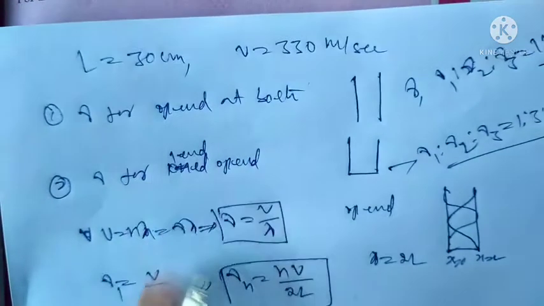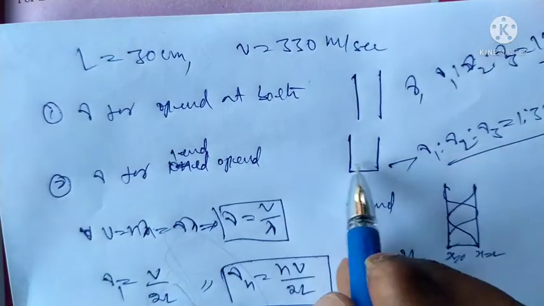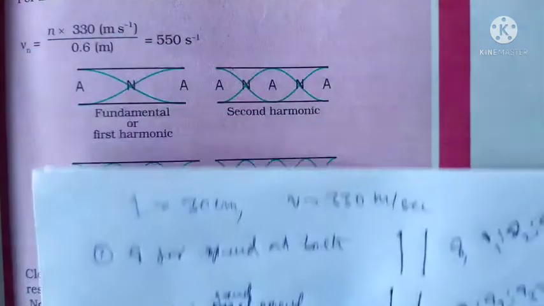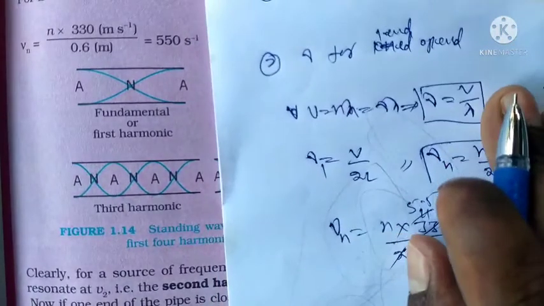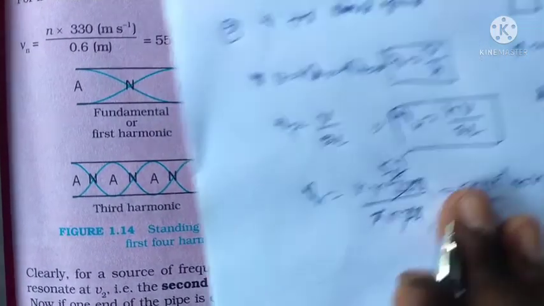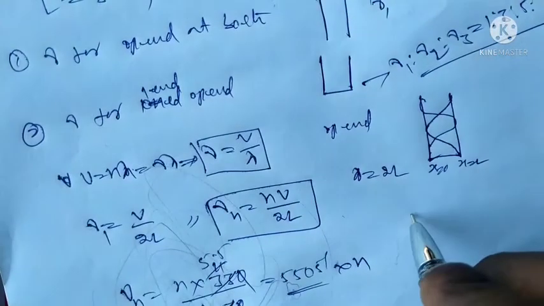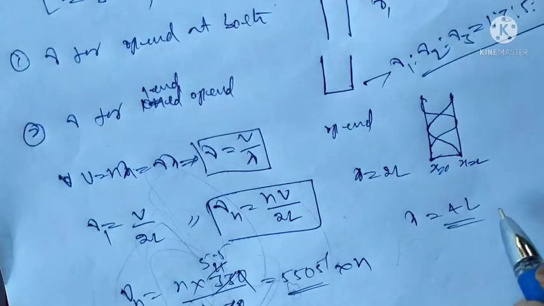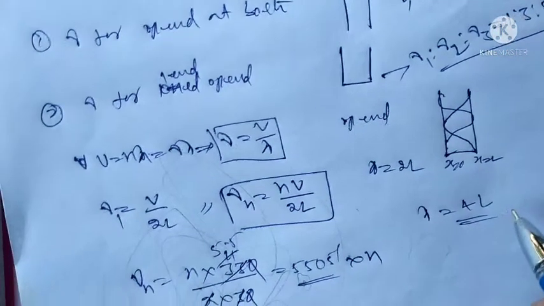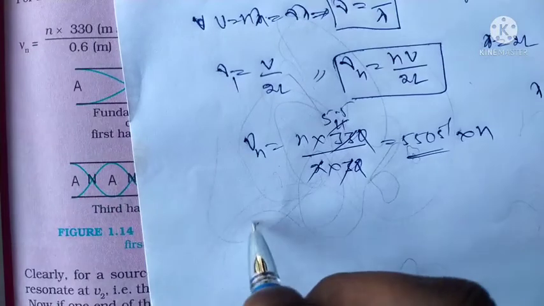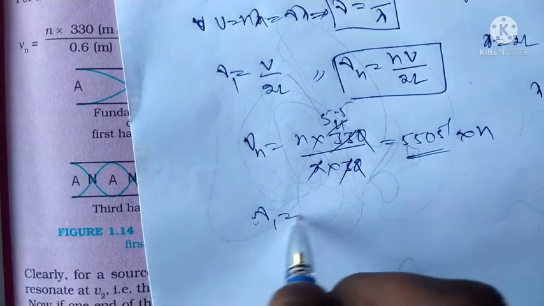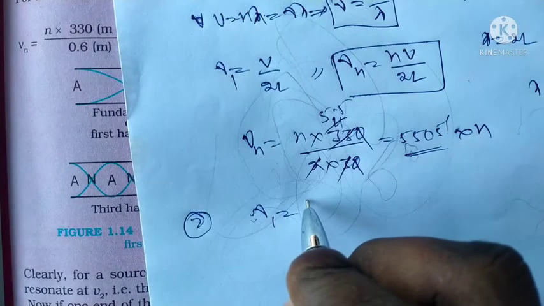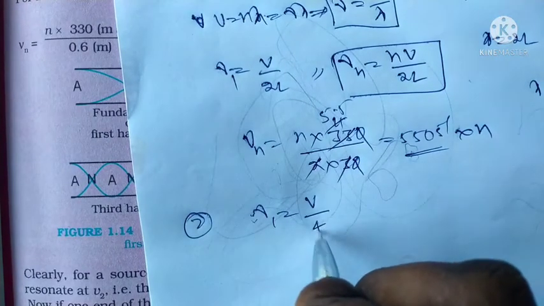Okay, now we discuss the frequency of the organ pipe with one end open and the other end closed. The same formula, but the length is different. The wavelength lambda is equal to 4L. We can substitute to find the frequency: nu 1 is equal to V by 4L.